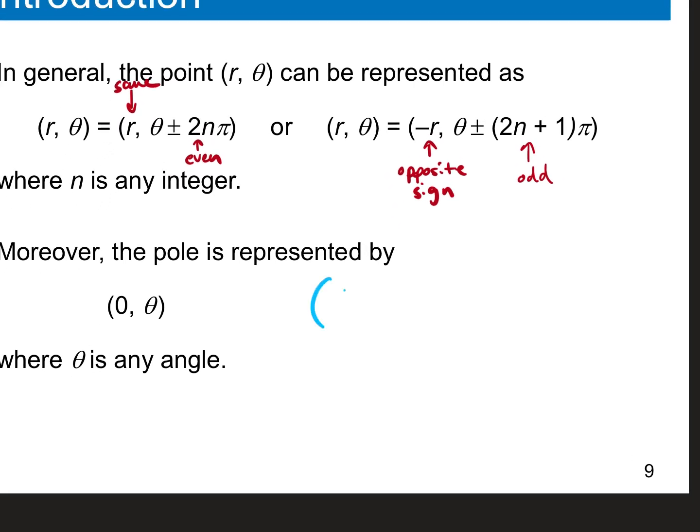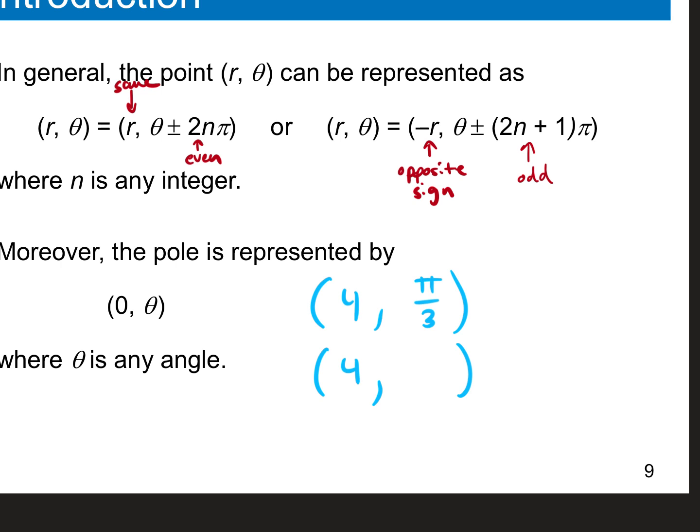So if I had a point (4, pi over 3), and I said find 3 other points that are the same thing, what else would be the same? What would I have to do? If I kept 4, what would I have to do to find a point that would fall on the same point?